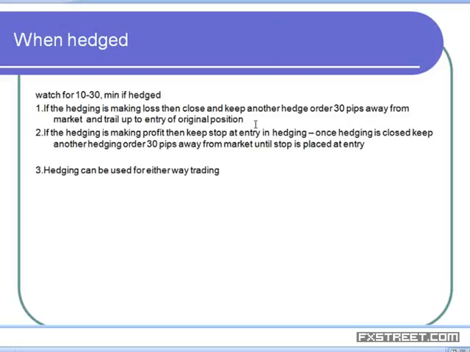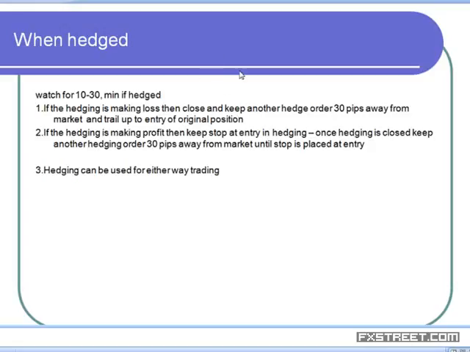Because if it is hedged and then the market reverses, we understand it is only a stop and or an extended move during which our position got filled and subsequently they are not forming a new low. Then it shows that we are hedged during the stop and or an extended downward move. So we will try to close the hedging with a nominal loss and keep another hedging order and bring the hedging order to the original position.